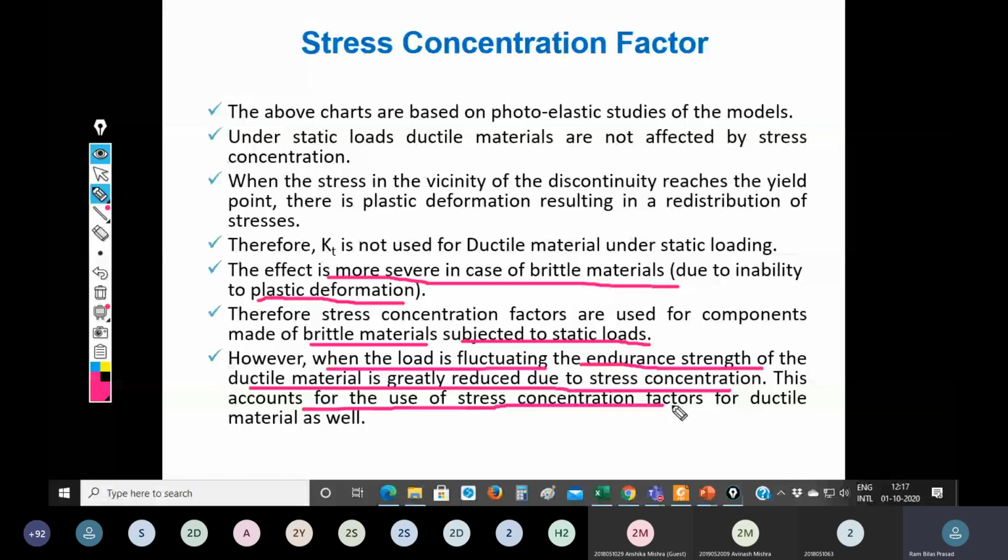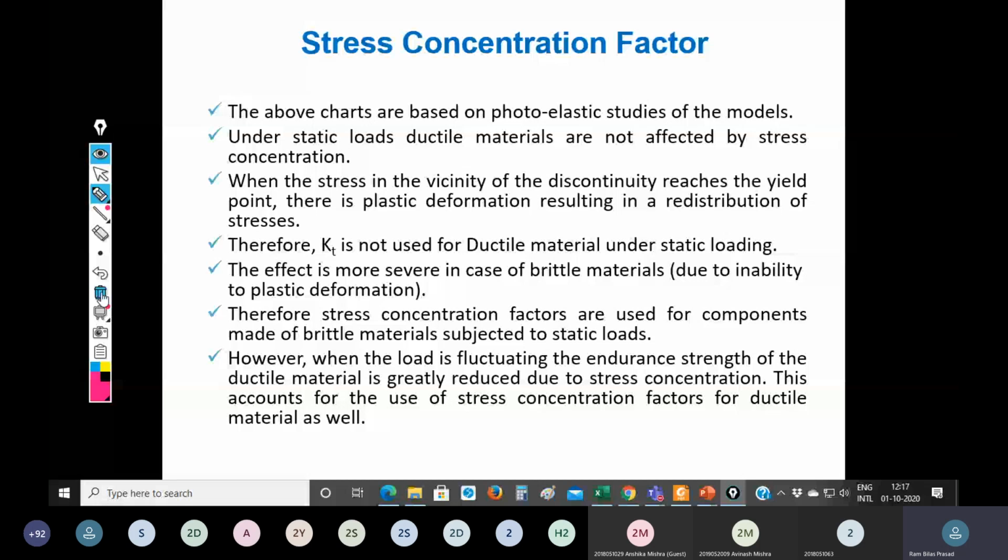So for ductile material, when there is static load, we do not consider the stress concentration factor, but when there are fluctuating loads, then we have to consider the stress concentration factor for ductile material as well.